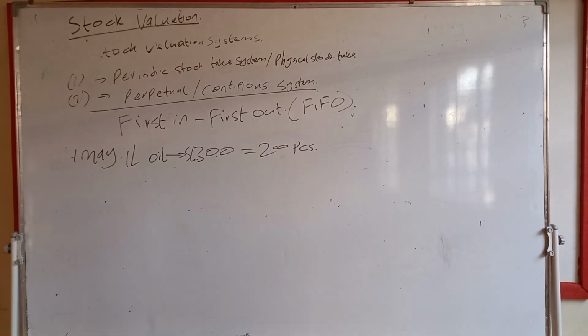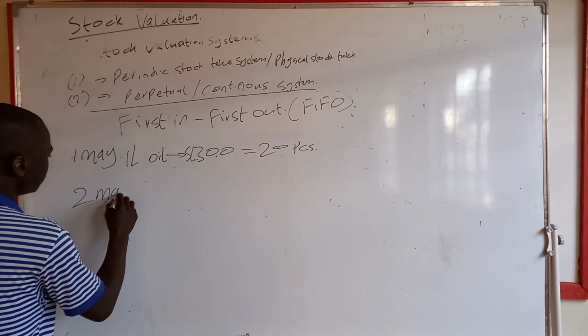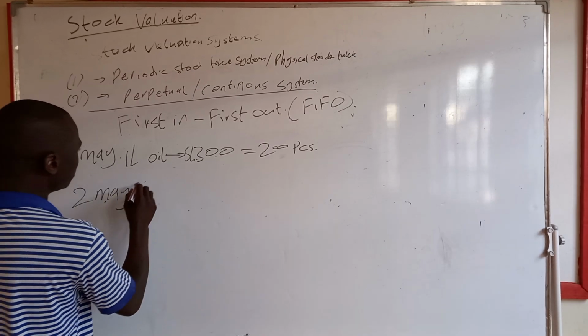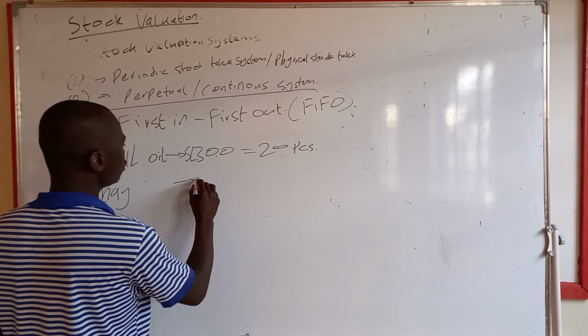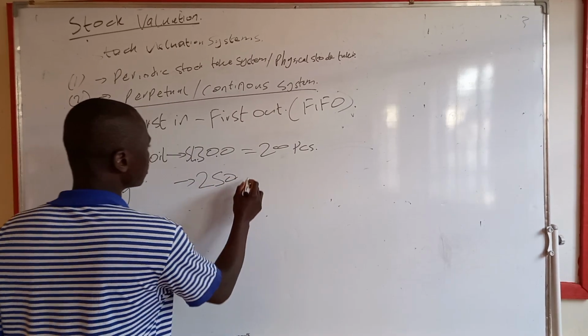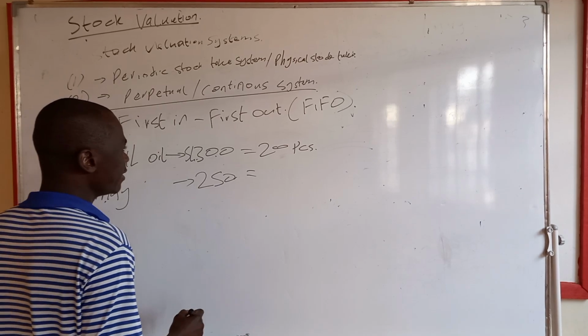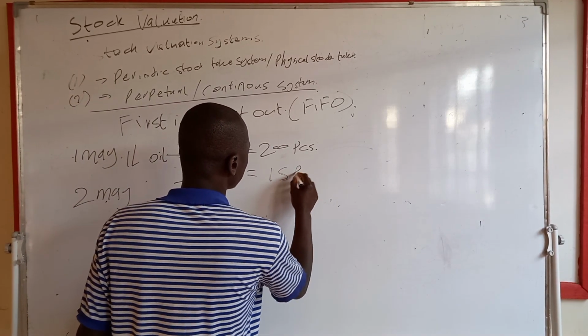Then you went ahead and bought another batch on May 2nd. You bought more 1 liter jerry cans at a price of 250, and this time you bought 15 pieces.